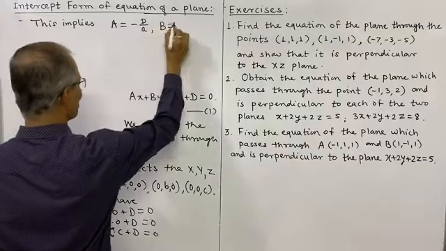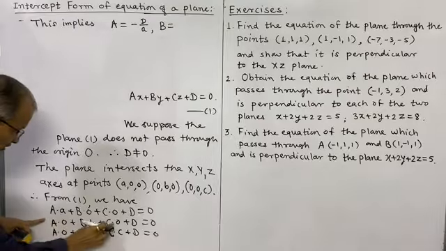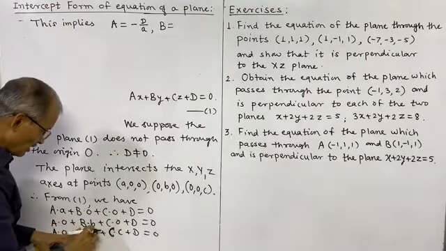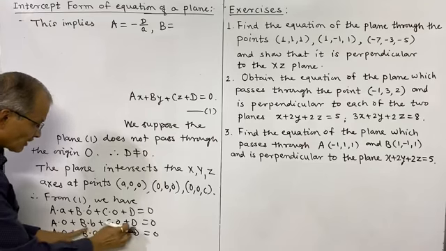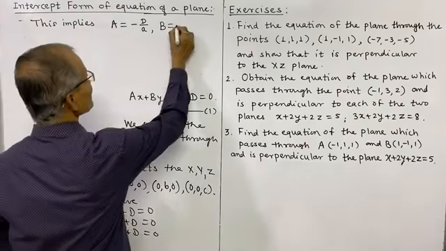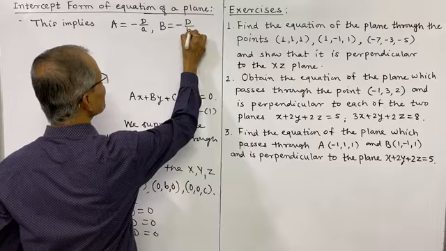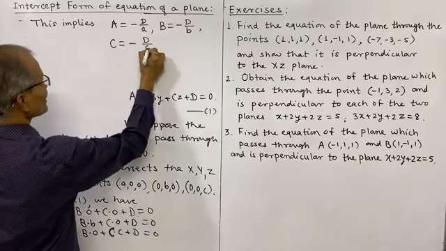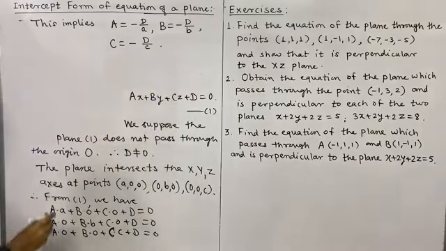And capital B is equal to, similarly this is 0, this is 0, B into small b plus d is equal to 0, means capital B will be minus d divided by b, and capital C is equal to minus d divided by small c.